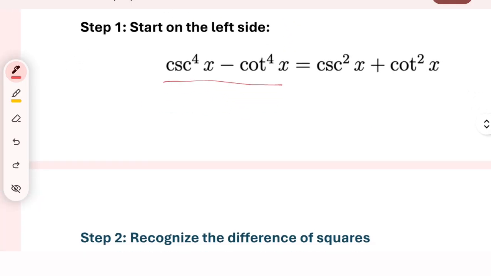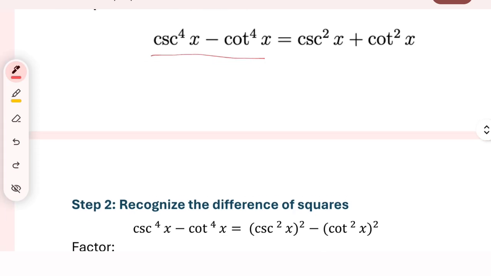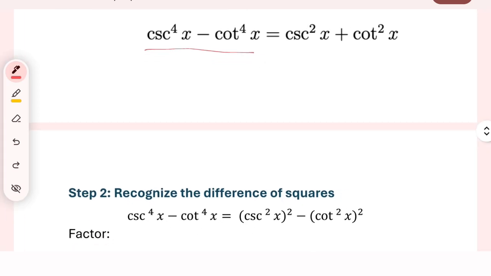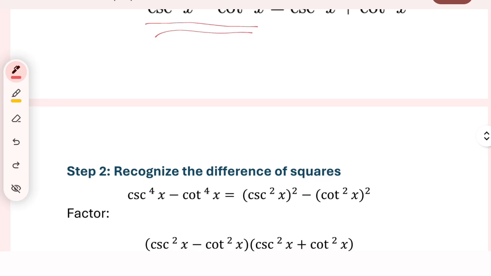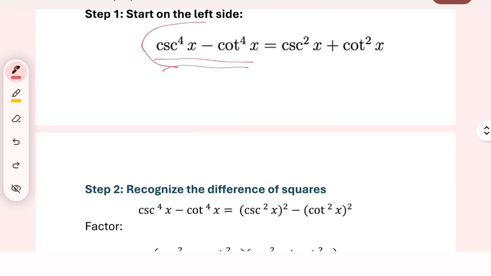All right, so what do we do now? We will try to replace it with more common forms. Cosecant and cotangent are raised to the power 4, right? We can replace it with a square. If you look at it, this could be a difference of squares.